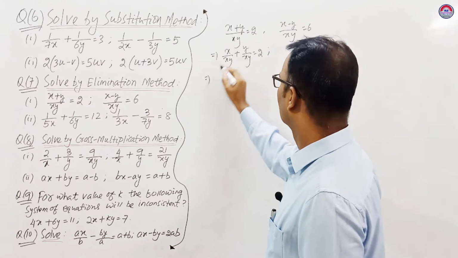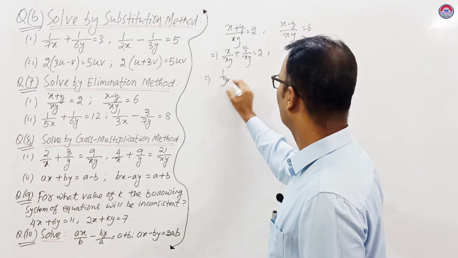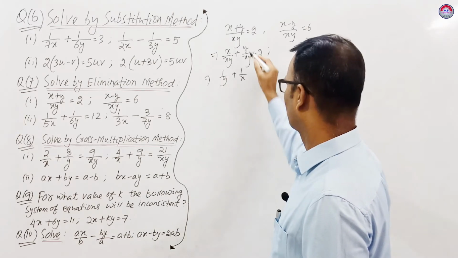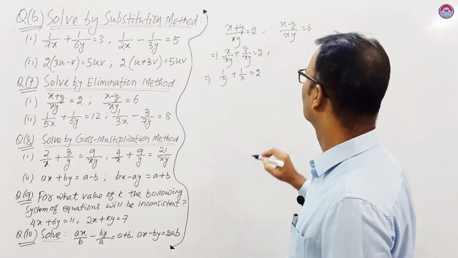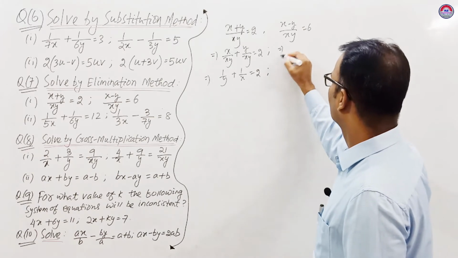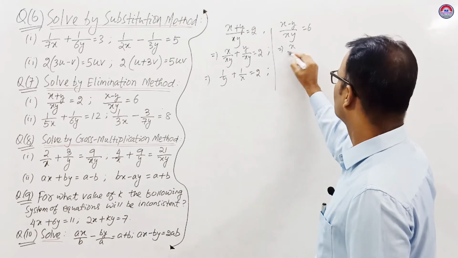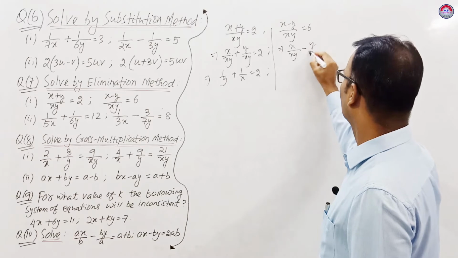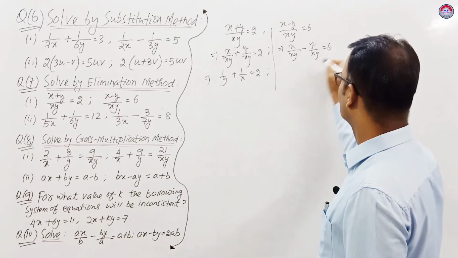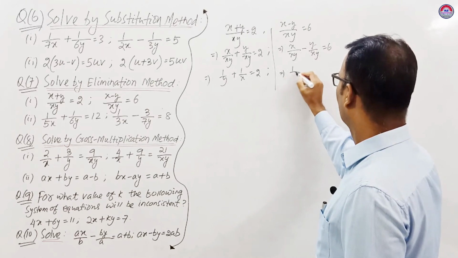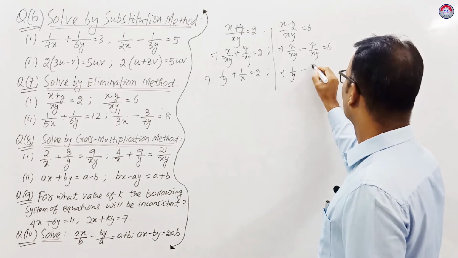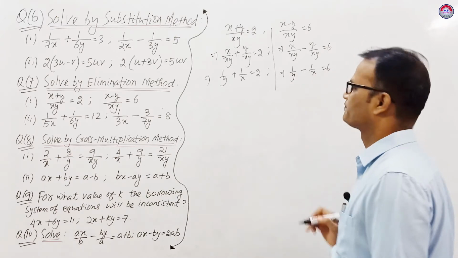That implies, you see here, 1 by y plus 1 by x equal to 2. Similarly, this one is x by xy minus y by xy is equal to 6. So 1 by y minus 1 by x equal to 6.